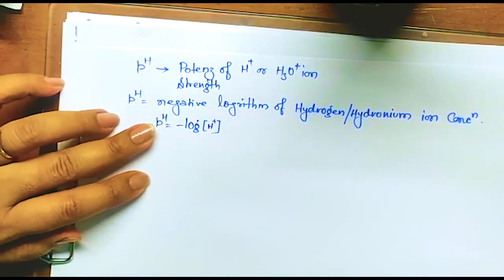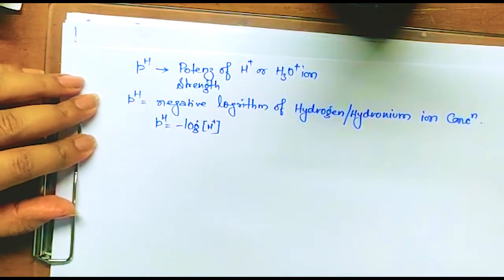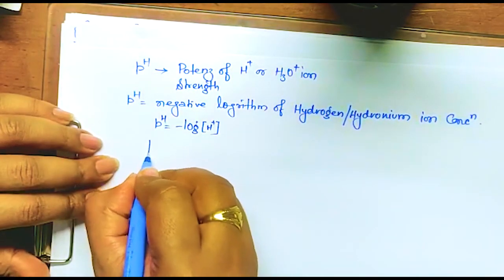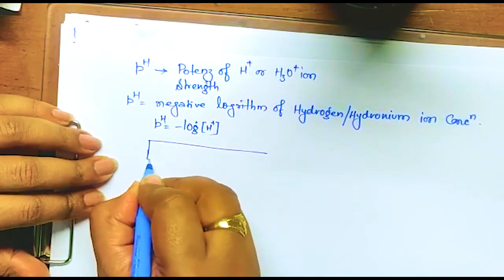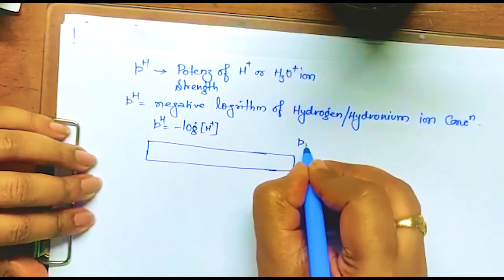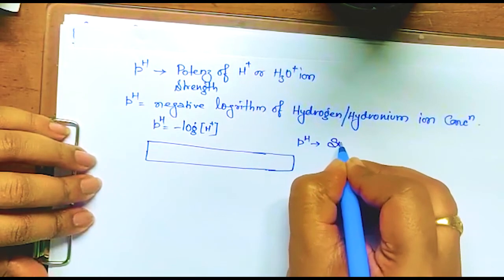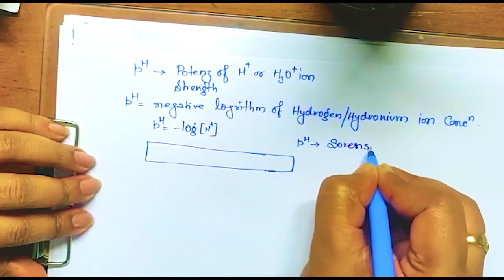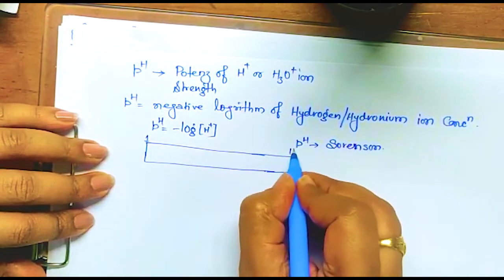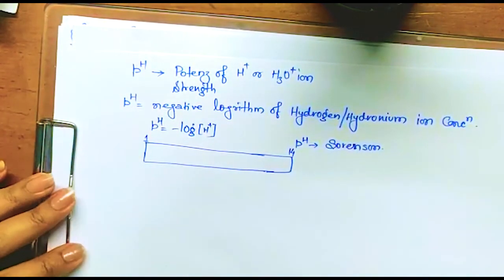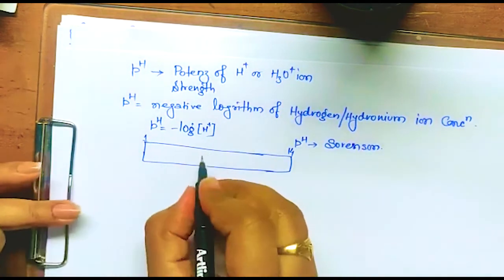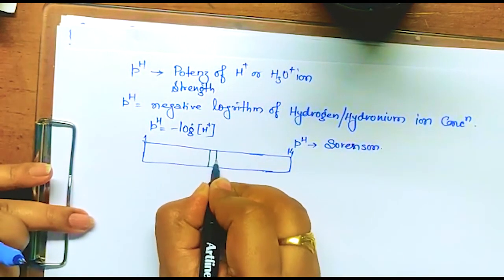About the pH, I have explained to you in the indicator topic. There you have learned that pH has a scale. The pH scale was given by Sorensen, the scientist. In this pH scale, 1 to 14 is marked. In between, the mid of this scale is 7.